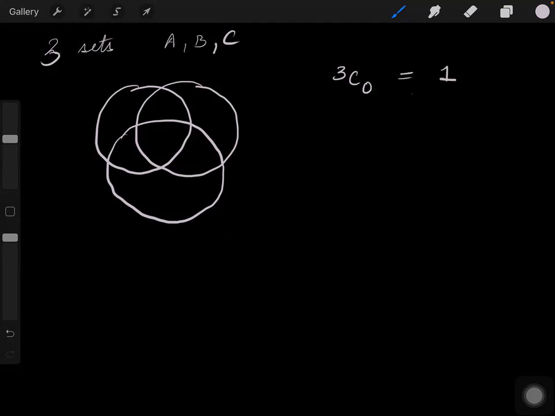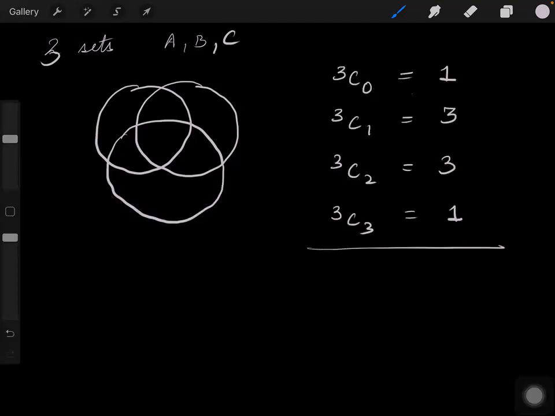Then we can pick one set among 3 in 3C1 ways, which gives us 3. Then we can pick two sets in 3C2 ways, which also gives us 3. And at last, we pick all three sets, 3C3, which is 1. So when we add them, we get altogether 8 regions.